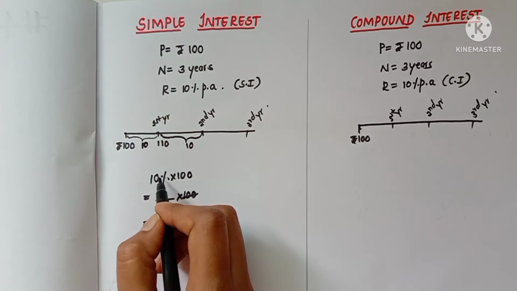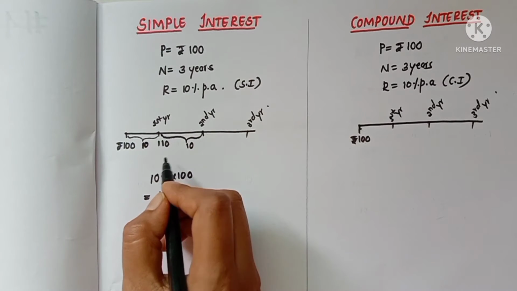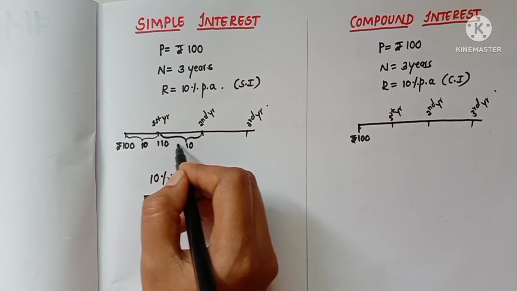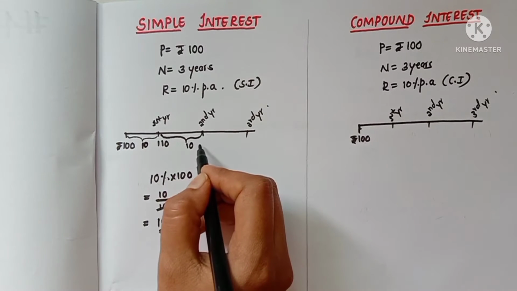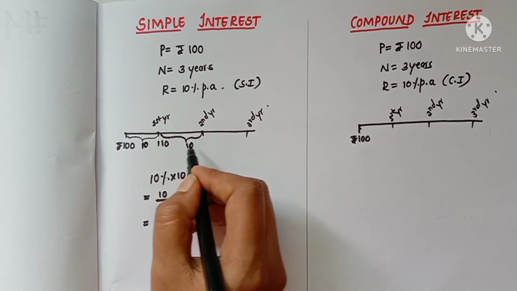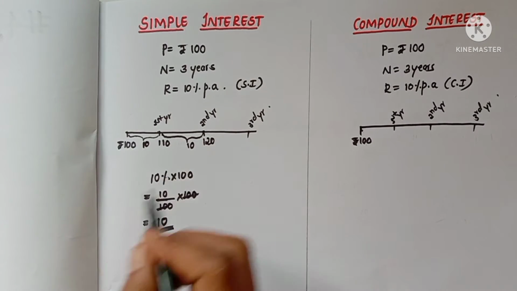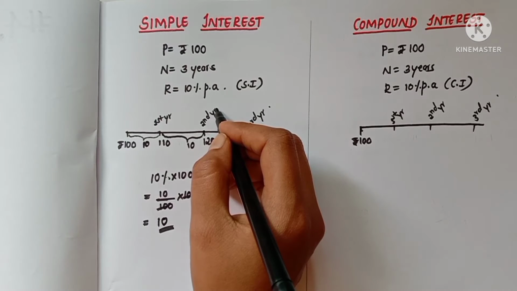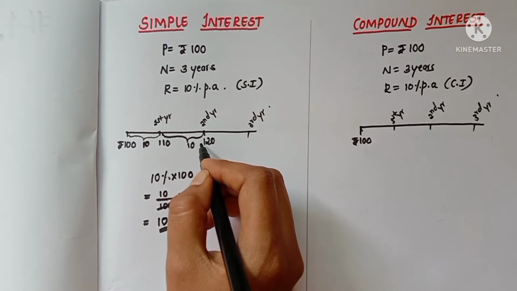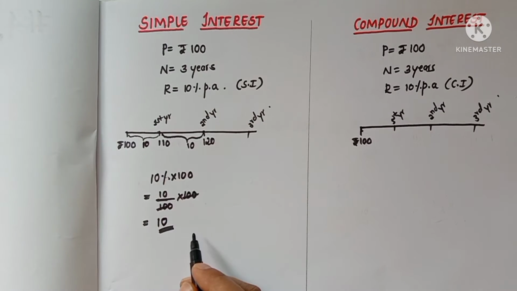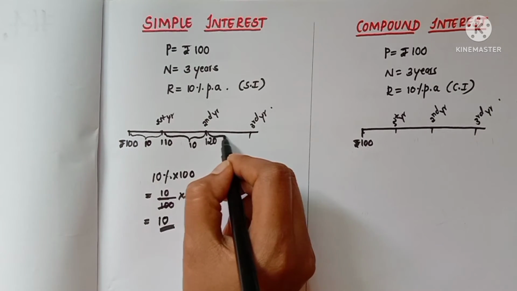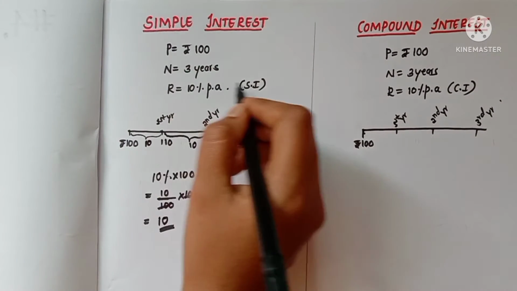For the first year, the total amount was 110. For the second year, the interest is 10. So, 110 plus 10 is 120 rupees. So, for the second year, I am going to return 120 rupees.